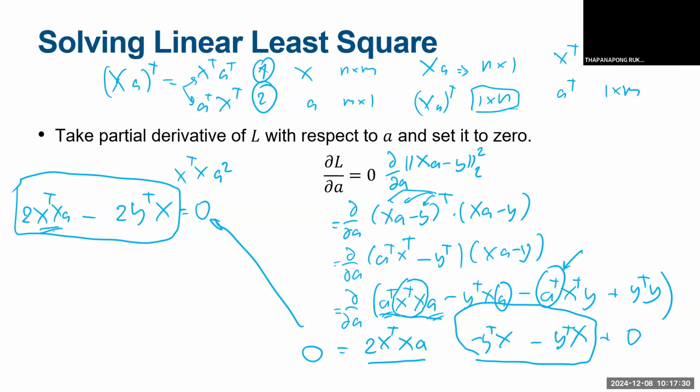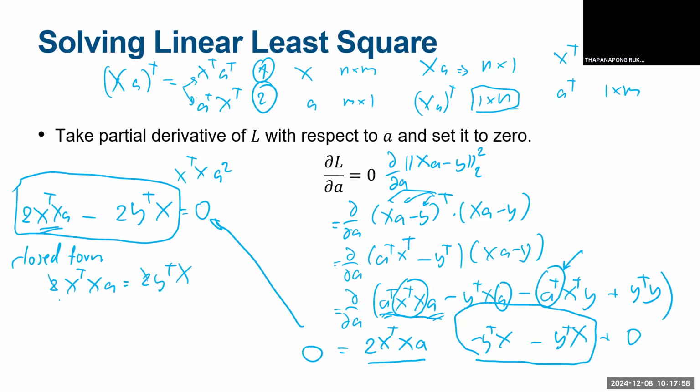And because it becomes a square matrix, you can multiply the inverse of it on both sides. And then you get the solution on the other side. So for the closed form, you get x transpose x a equal to 2y transpose x.